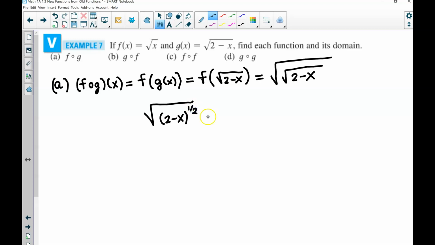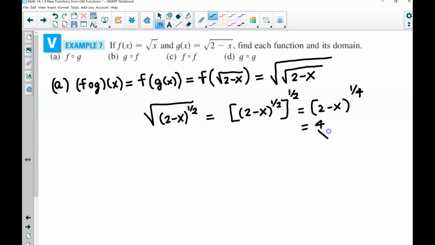Okay, and then using the second root, that means you have on the inside 2 minus x to the 1/2, and that's raised to another fractional exponent to the 1/2. And therefore, you would end up with 2 minus x to the 1/4 when you multiply those exponents together, which would then be the fourth root of 2 minus x.